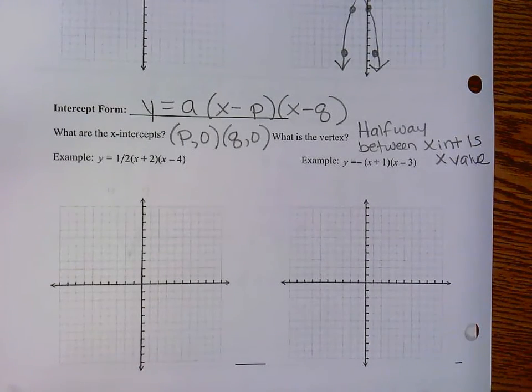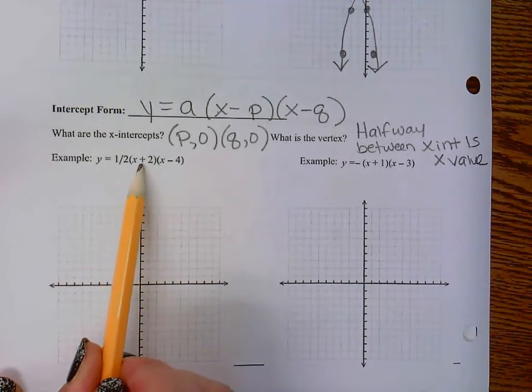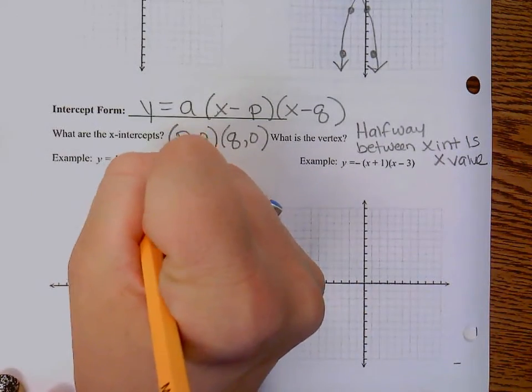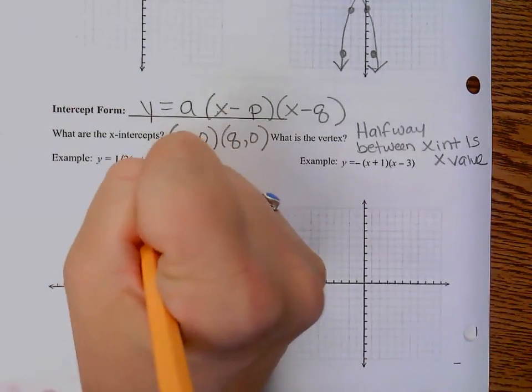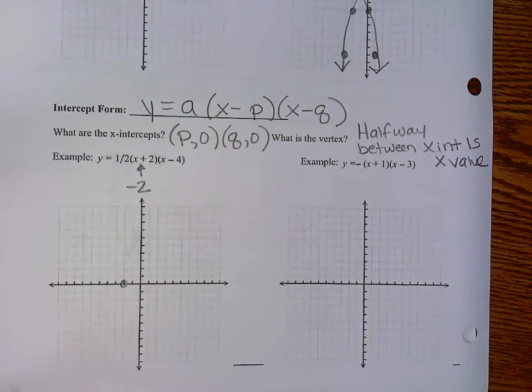So I'm going to show you what that means. Maybe I'll do the first example and you can try the last example to wrap up the week. All right, if x plus 2 is a factor, what has to be an x-intercept? What do I plug in for x to get 0? Do you remember this, the zero product property? We're going to review it next week. Negative 2 is therefore one of my x-intercepts, and I plot it on the x-axis.